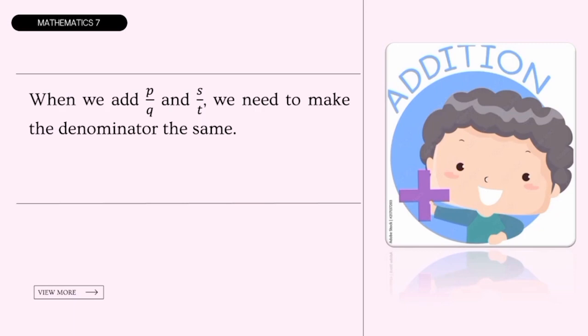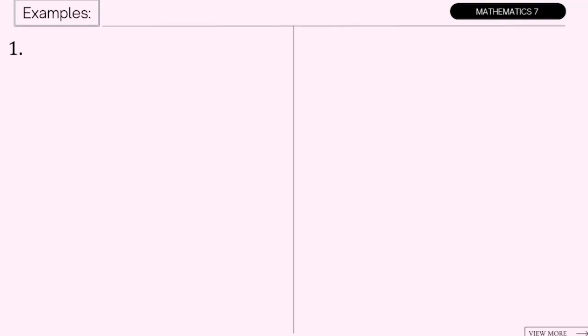First is the addition. When we add p over q and s over t, we need to make the denominator the same. Hence, we get pt plus qs over qt. So for example number 1, 1/2 plus 3/4. Our formula is pt plus qs over qt.